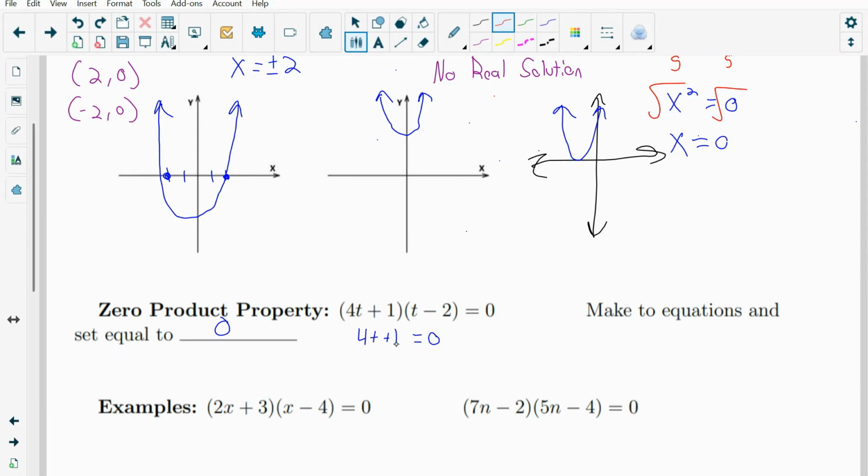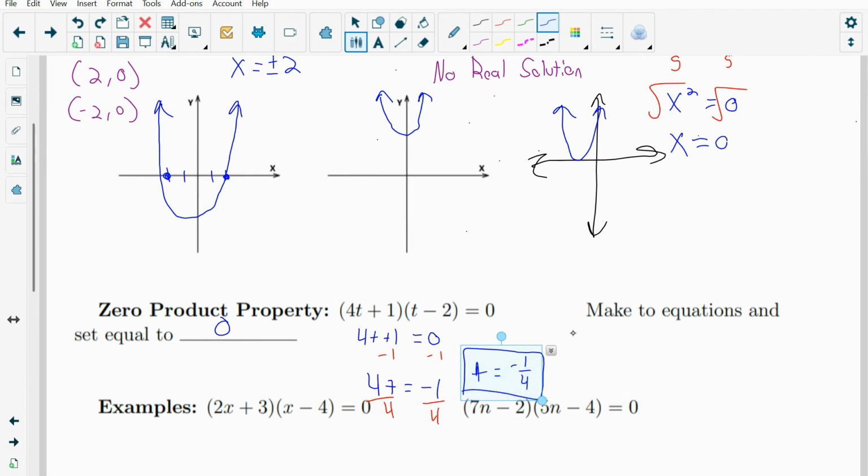I would subtract 1 from both sides. That would give me 4t equals negative 1. Divide by 4, divide by 4. And that would get me my first solution, which would be t equals negative 1/4.